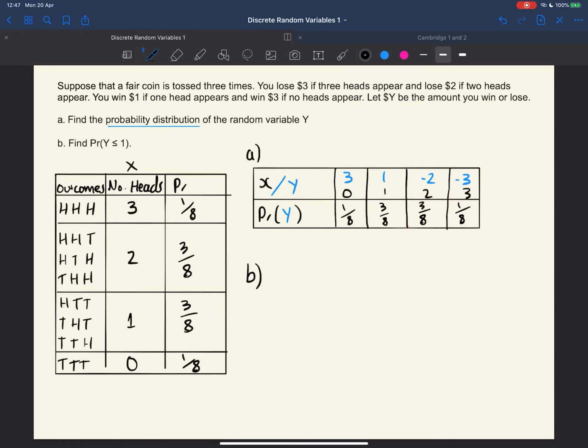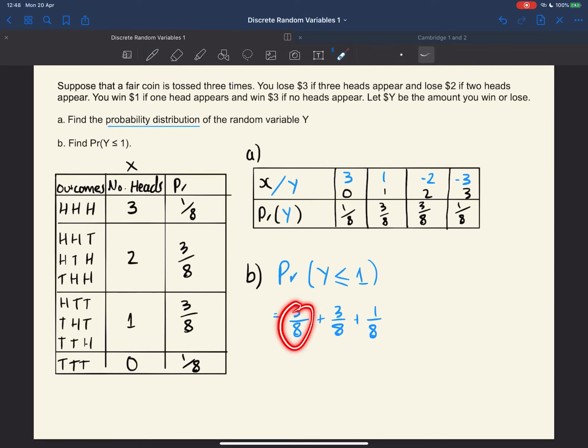So let's just use some formal language first. So the probability of the number of dollars you win or lose being less than or equal to $1, would be equal to 3/8 plus 3/8 plus 1/8.